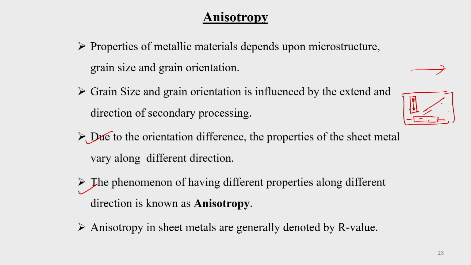If you have an orientation like this, then it may be intermediate between these two. So, when you look at the properties along these directions, they are different. If they are different, then you say that the material exhibits anisotropy.